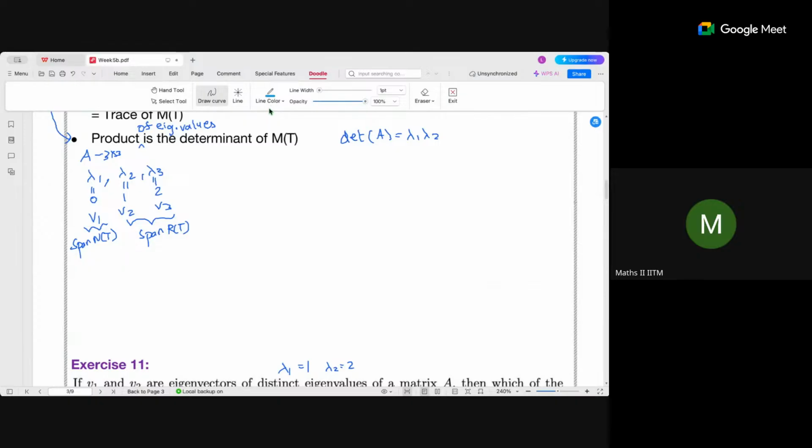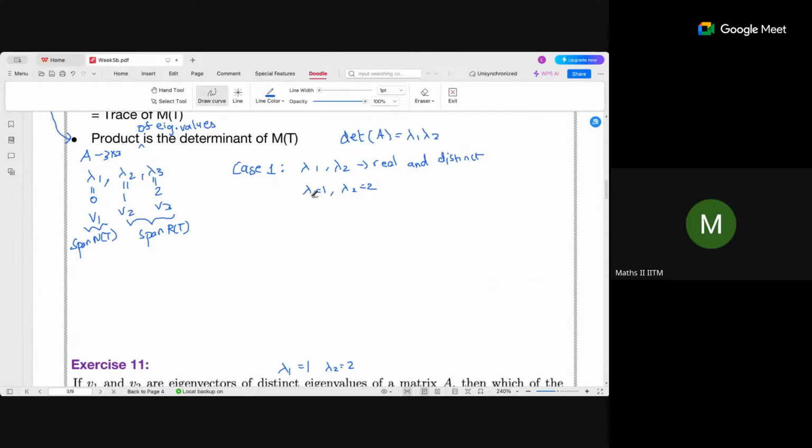All the three different scenarios which we did yesterday. Case 1: lambda 1, lambda 2 are real and distinct. So for example, lambda 1 is equal to 1, lambda 2 is equal to 2.